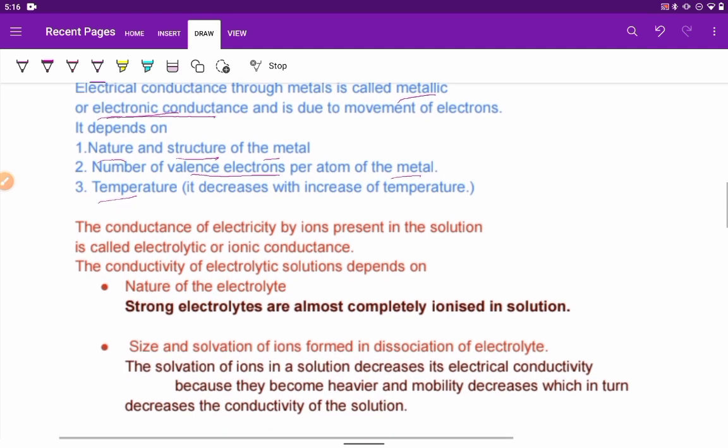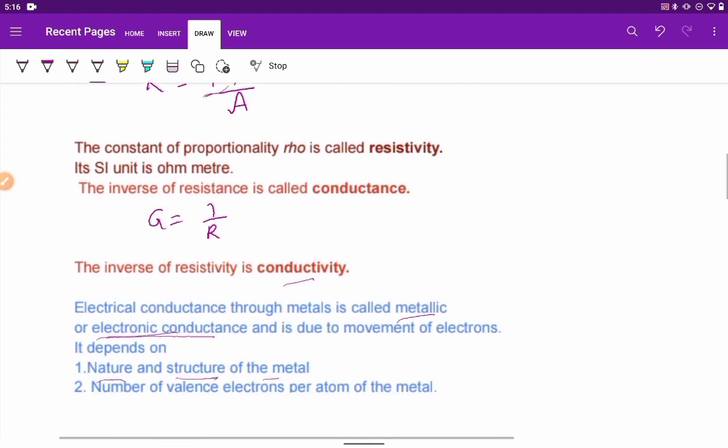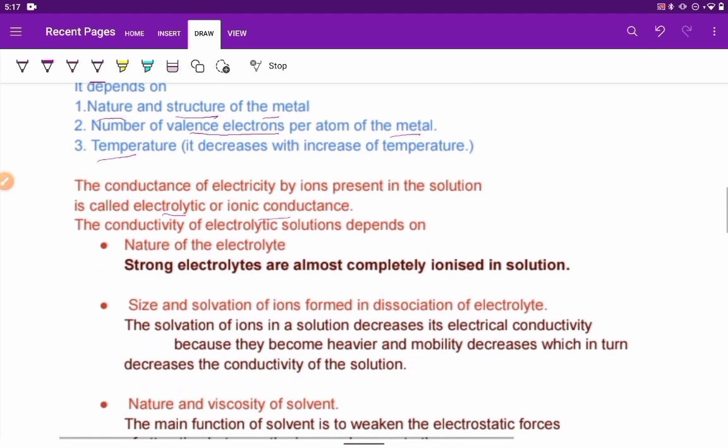In case of electrolytes, the conductance of electricity by the ions which are present in the solution is called electrolytic or ionic conductance.